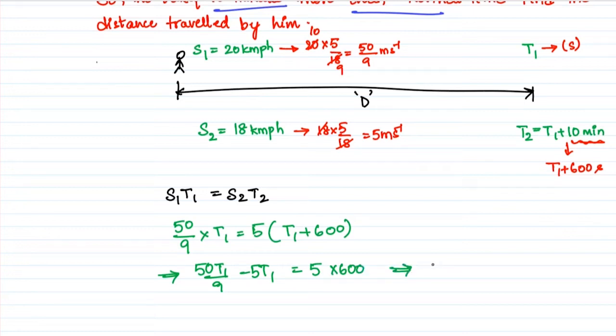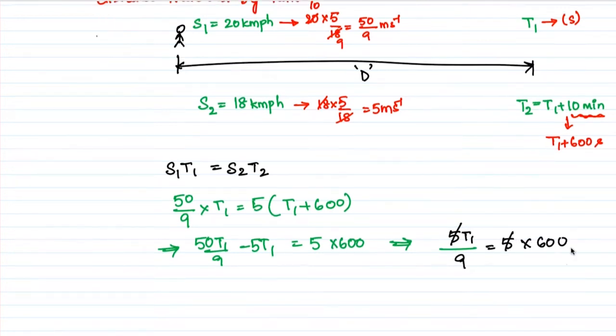So if we solve this, this will be 50 minus 45, right? That is 5 T1 divided by 9 is equal to 5 into 600, right? This gets cancelled.